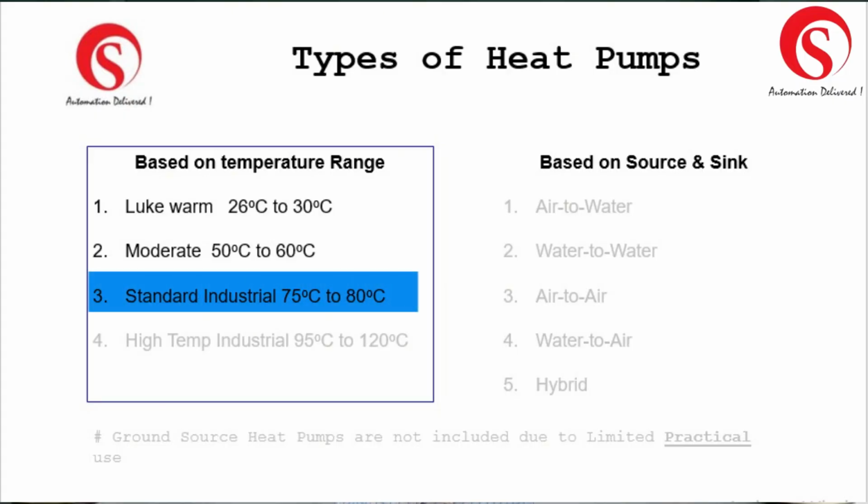Now let us move to the industrial applications, the last two types. One is what I generally call the typical industrial application heat pump, which generates about 70 to 80 degrees centigrade water temperature. Many applications that you could have in your process shop will fall under this category.